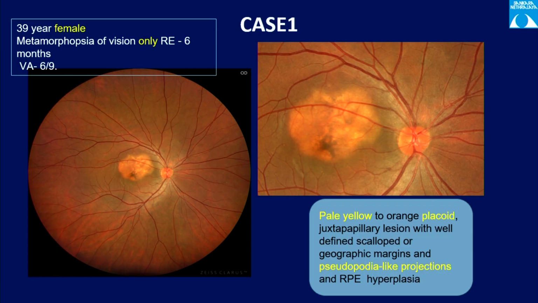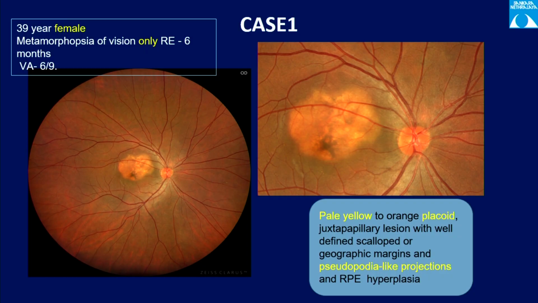So the one particularly important finding is what has been projected here. So appreciate the borders, how it appears. Not everything will be like this. You may have a larger lesion like this or a smaller lesion. So right now you will have to find out, if a particular case comes like this to you, what would be your differentials looking at the fundus photograph alone.